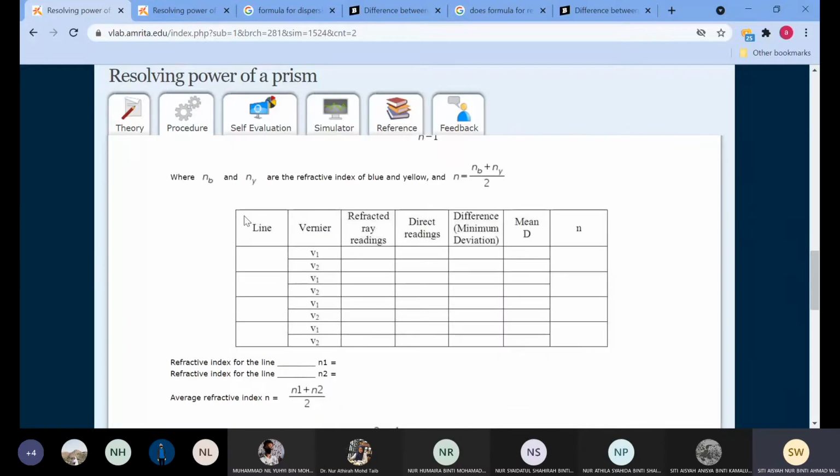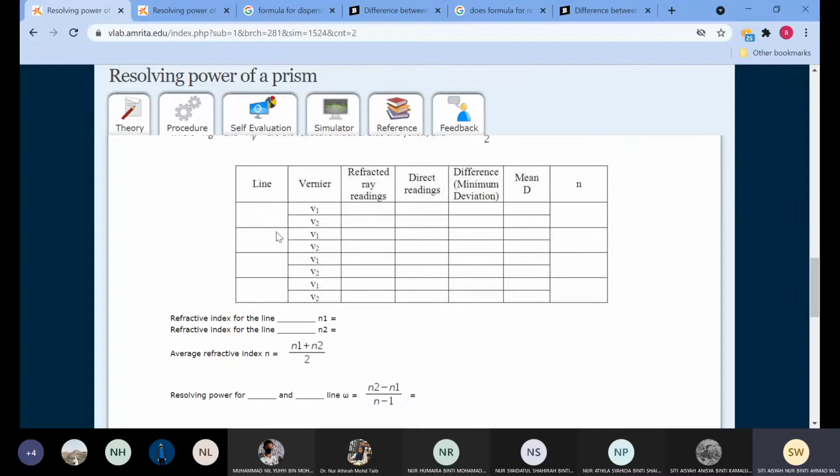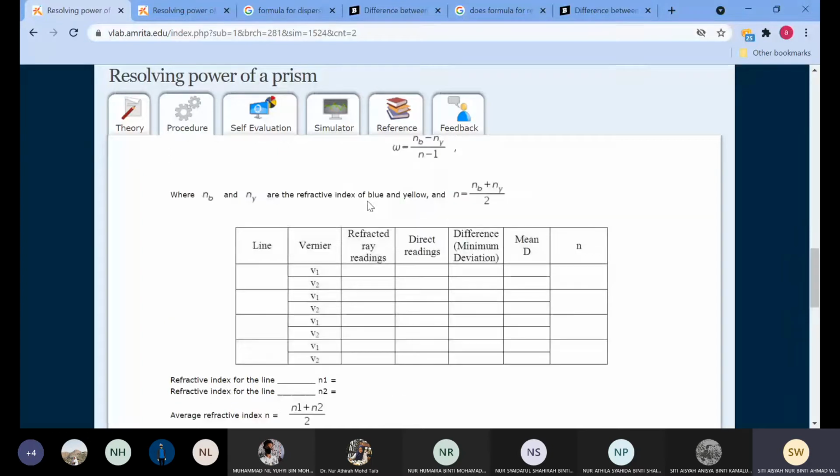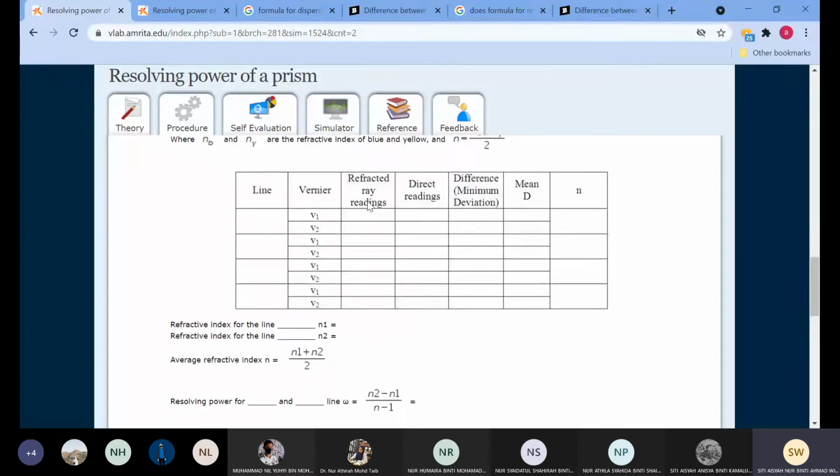For the table, the line is the color that you want to read, the reading. For refractory readings, we've got them from the procedure, and for V1 and V2 for each color.